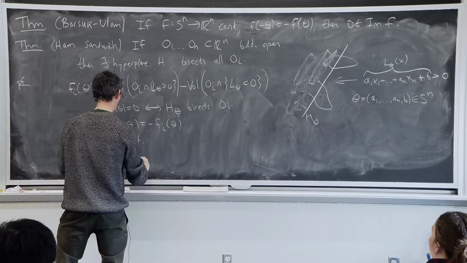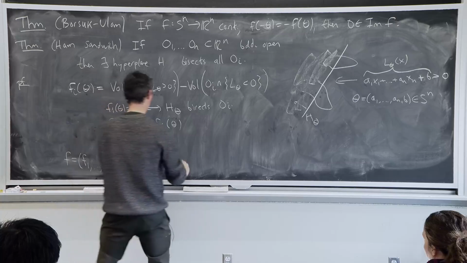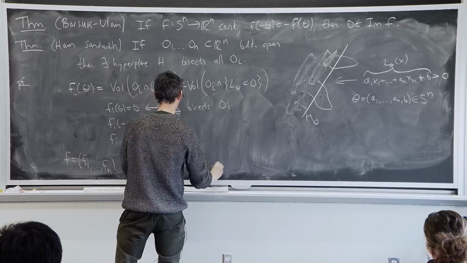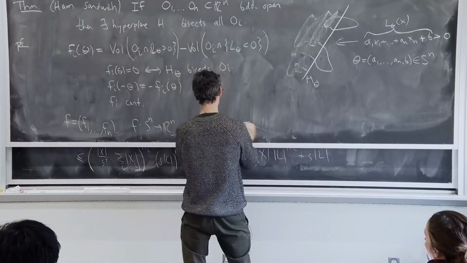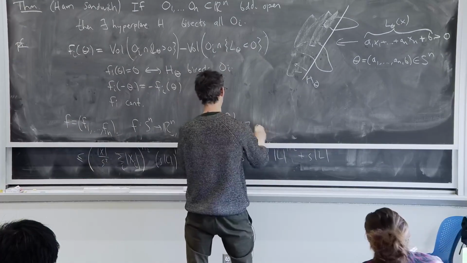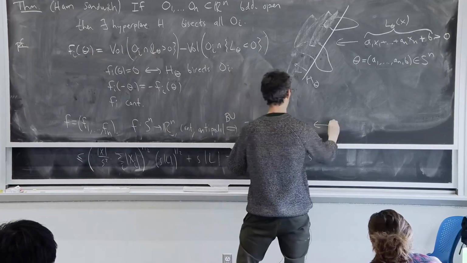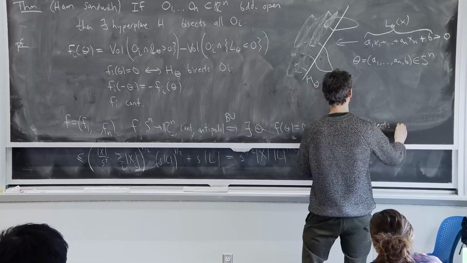And so f is a function from the n sphere to Rn, and it's continuous and it's antipodal. So then Borsuk-Ulam tells me that there exists some theta so that f of theta is 0. And that means that h theta bisects all these sets.